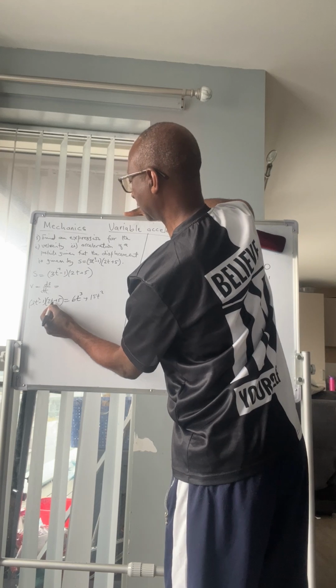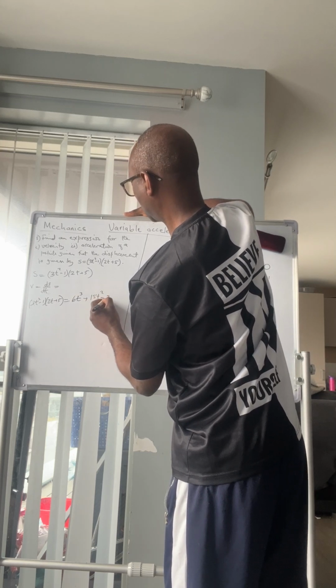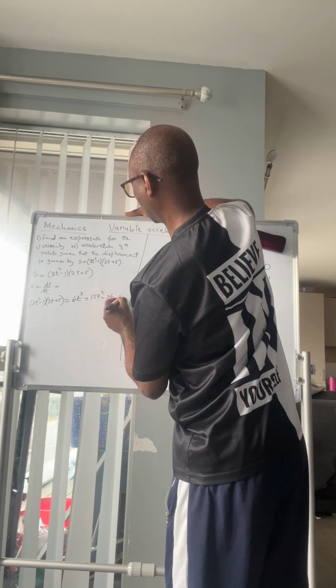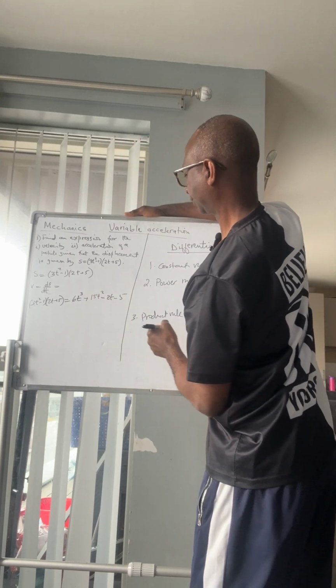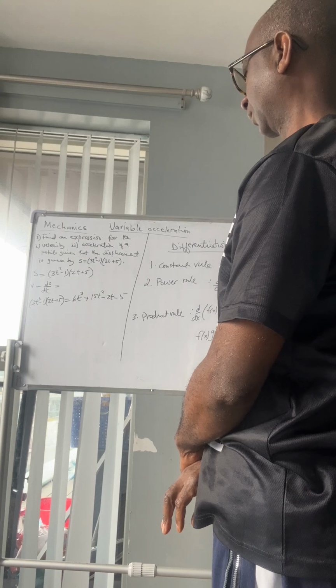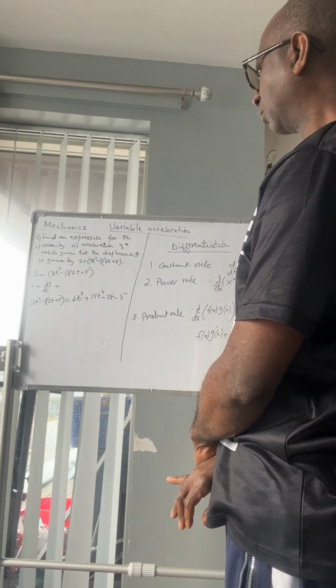Now minus 1 times 2t is minus 2t, and minus 1 times 5 is minus 5. So this is what you get for displacement.